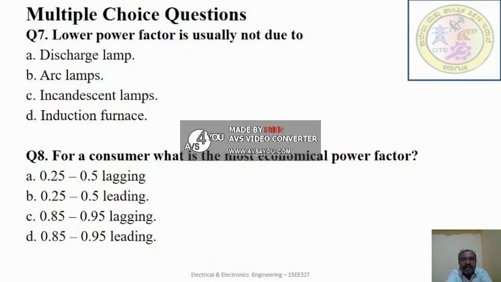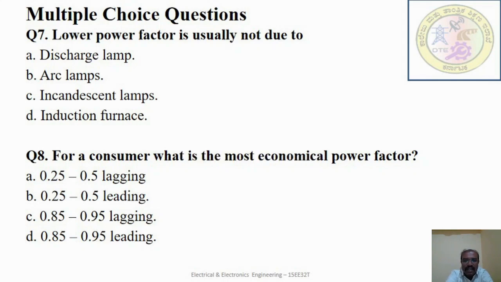Next, question number 7. Low power factor is usually not due to discharge lamps, arc lamps, incandescent lamps, induction furnace. The option is C, incandescent lamps. You can see the incandescent lamps use a tungsten filament. Here it is a resistive load. That means it is not a cause of low power factor. Question number 8.